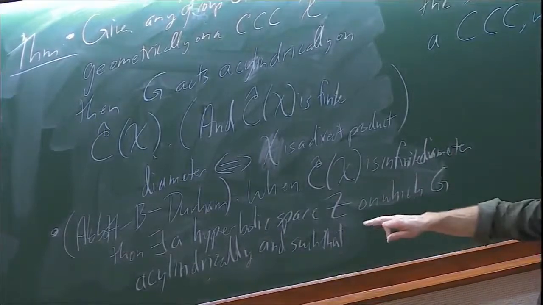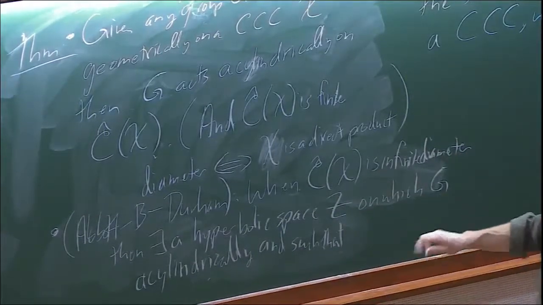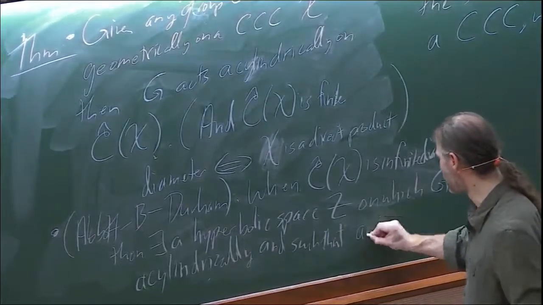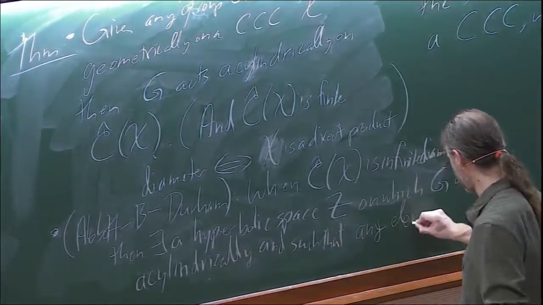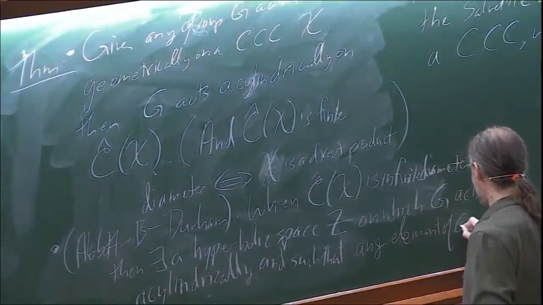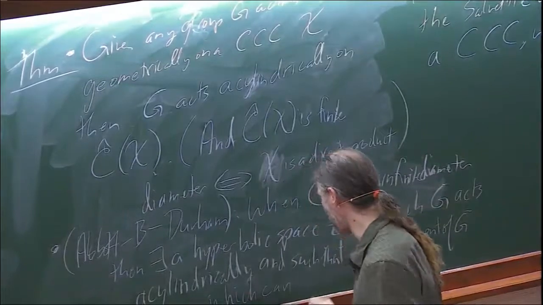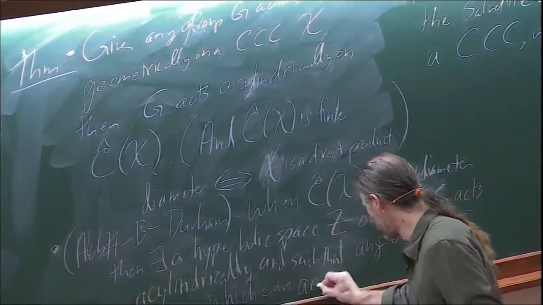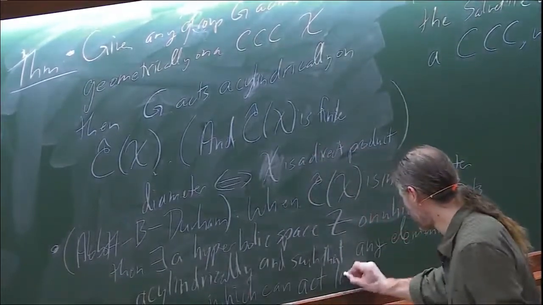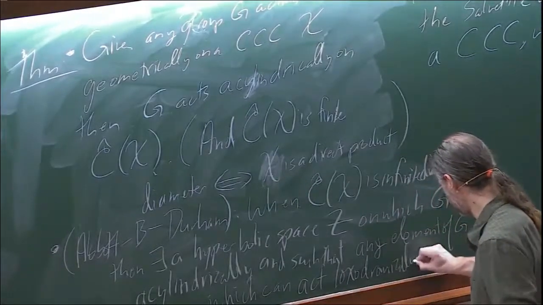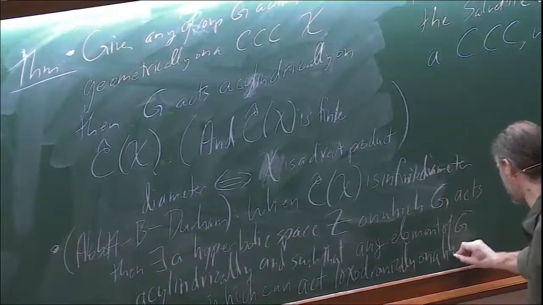So there exists a hyperbolic space on which G acts acylindrically, and such that any element of G which can act loxodromically on a hyperbolic space does.